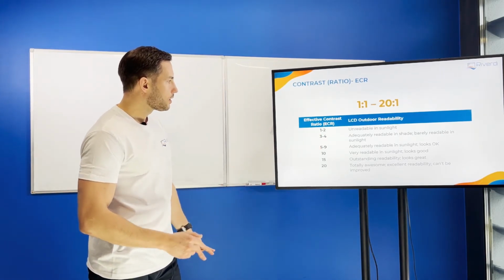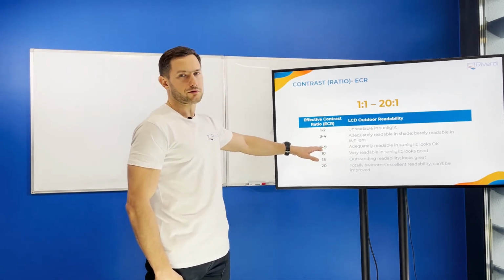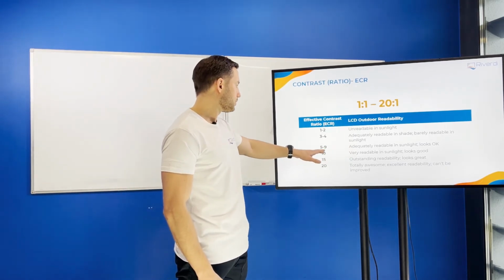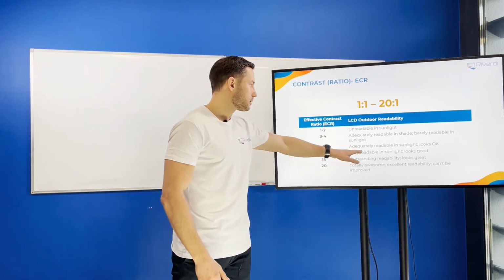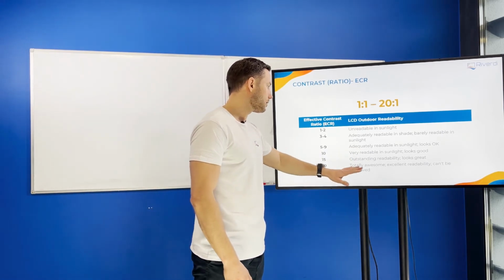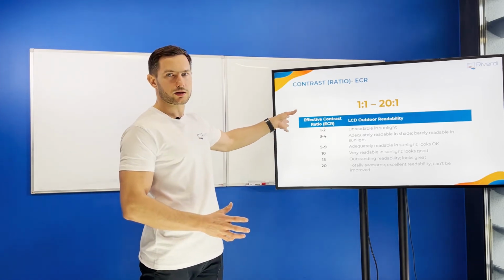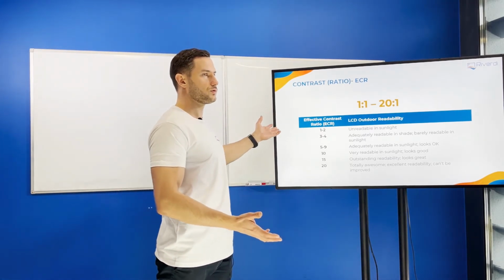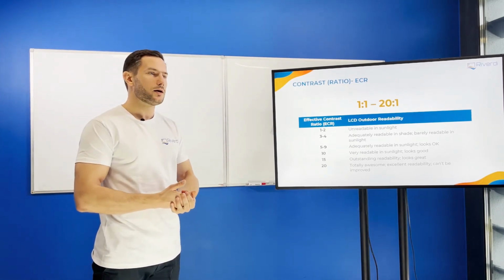You can see that reasonable is maybe around 5. 5 is okay contrast, and in most things we see something like 5 to 10. If it's 10, it's very readable, and if it's 15, it's outstanding, and 20 is totally awesome, excellent. What you see right now on this screen could be 1 to 15, or only 1 to 10 contrast, and still we see the perfect image.